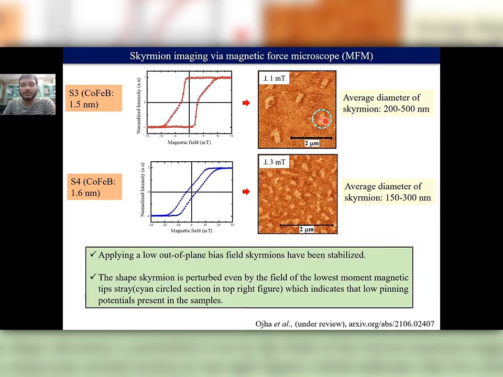Even with very low stray fields, the skyrmions got saturated, which means these samples have very low pinning sites, which is very useful for getting a higher velocity of skyrmions while we study the skyrmion dynamics.